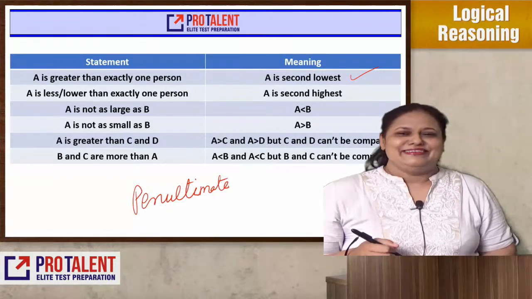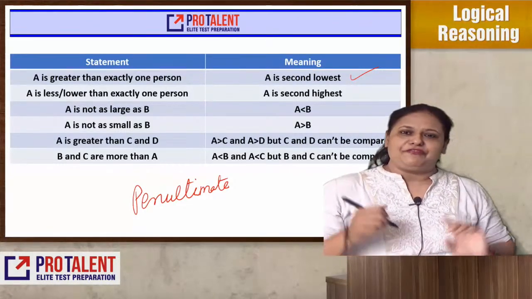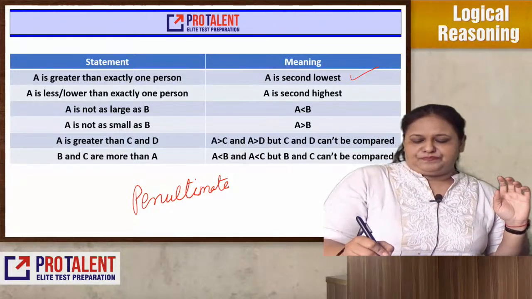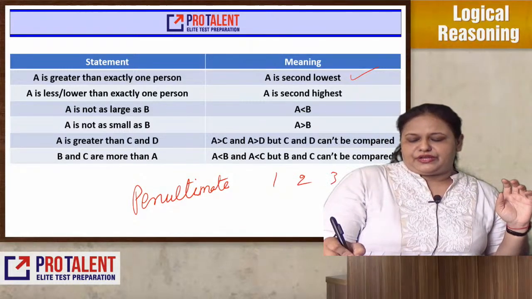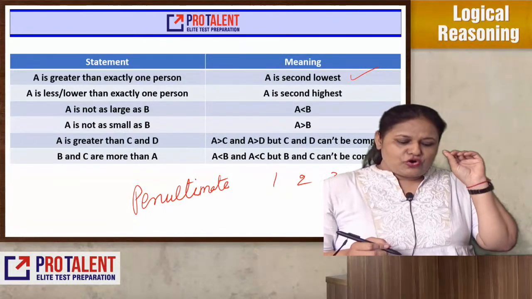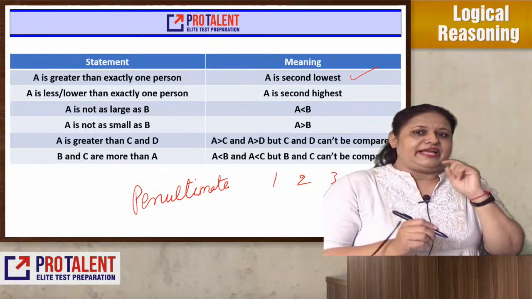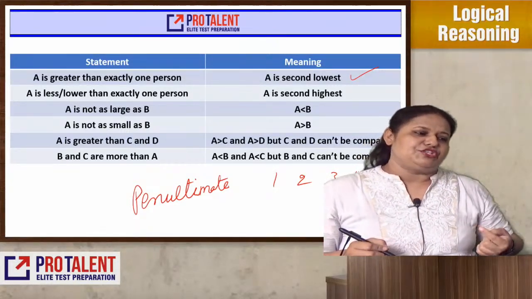Tell me, what do you mean by penultimate? If the ordering is first, second, third, fourth, fifth, say 1, 2, 3, 4 and 5, and A is at the penultimate position, then A is standing at which position?